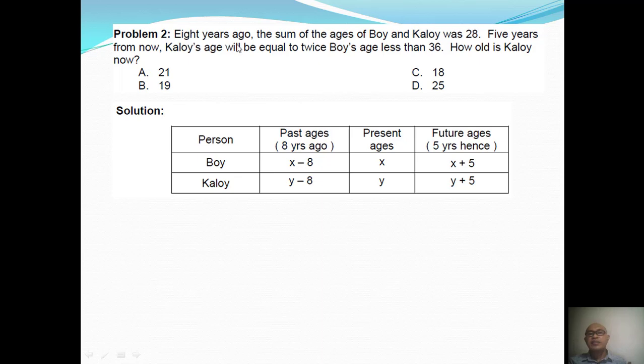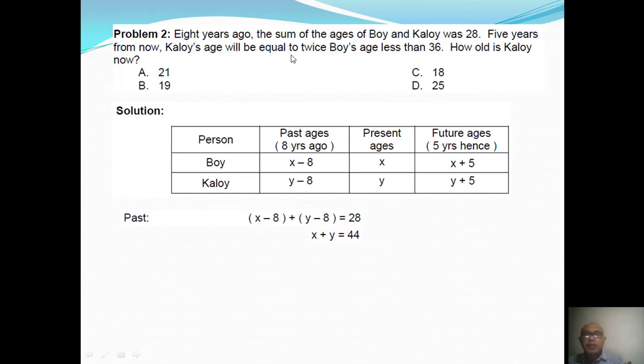8 years ago, the sum of the ages of Boy and Kaloy was 28. So meaning, we will make use of the past ages. If you add the past ages, that will be equal to 28. So x minus 8 plus y minus 8 equal to 28. So we have x plus y equal to 44. Then next, 5 years from now, meaning the future ages.